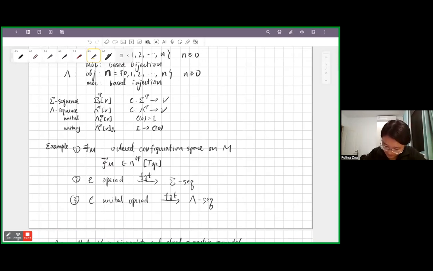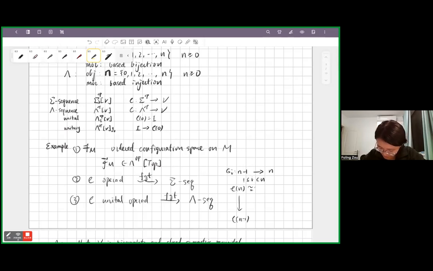So now if we have an injection from n-1 to n that misses i, where i is from 1 to n, then we know how to send Cn contravariantly to Cn-1.